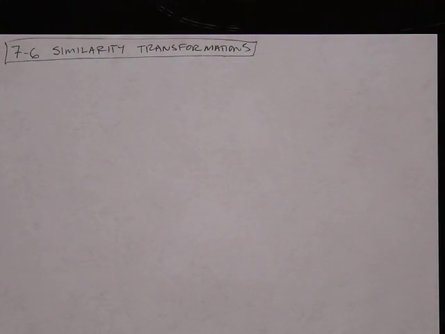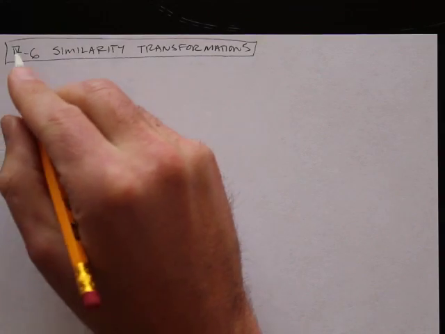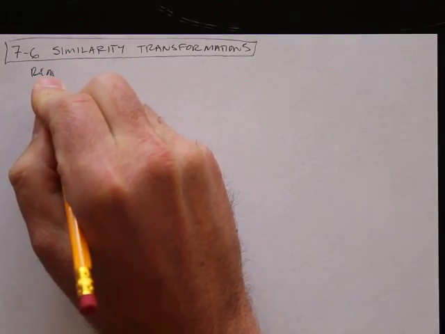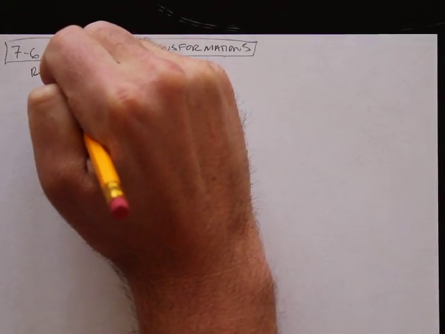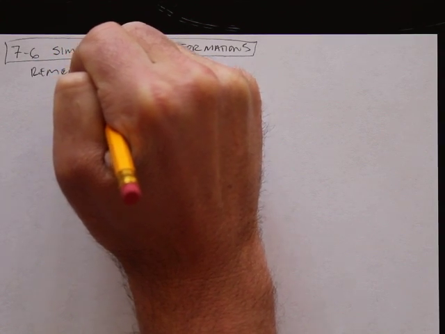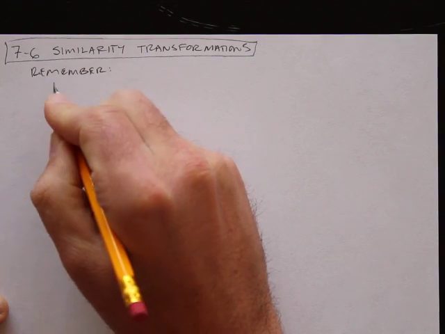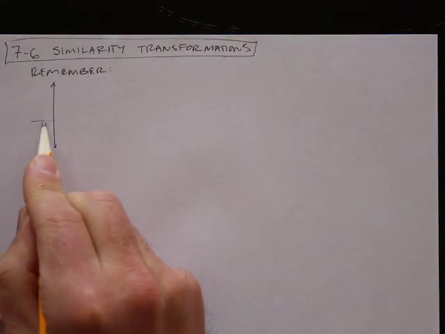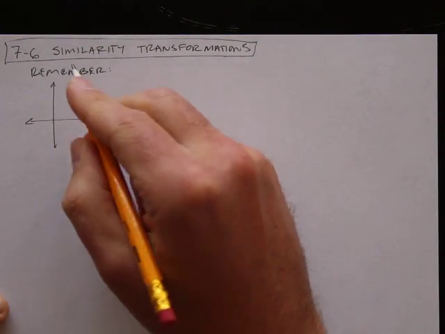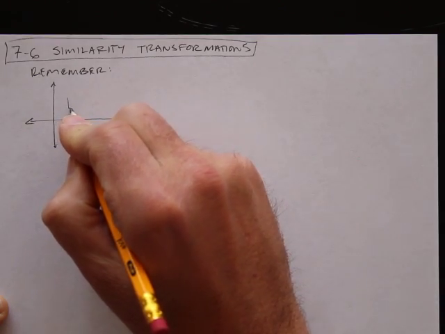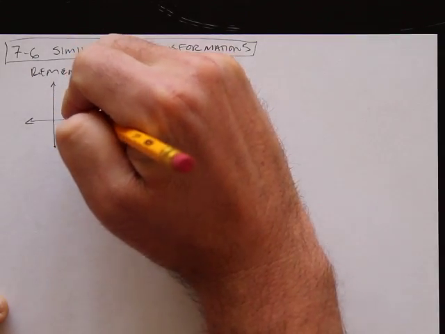All right. Now, remember, we did a little bit of transformations already. And you might have a triangle like this.